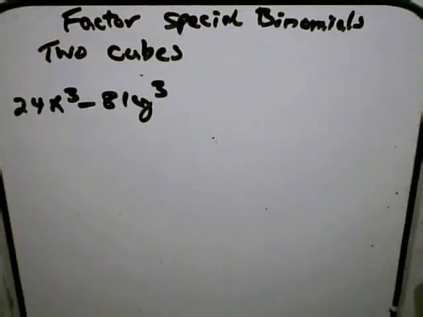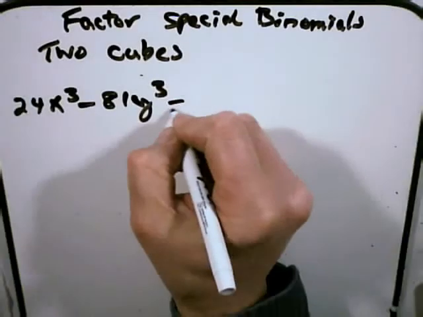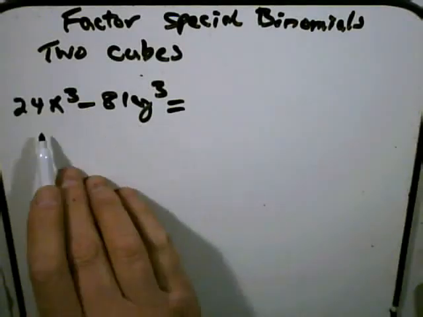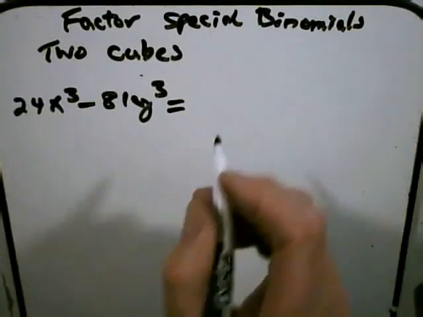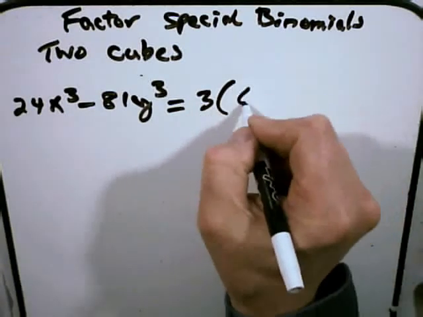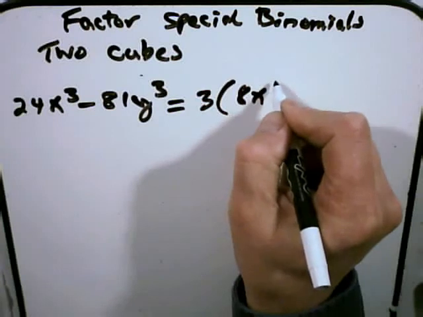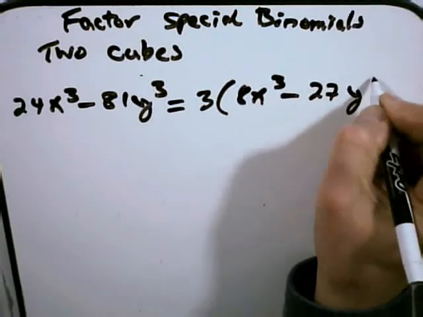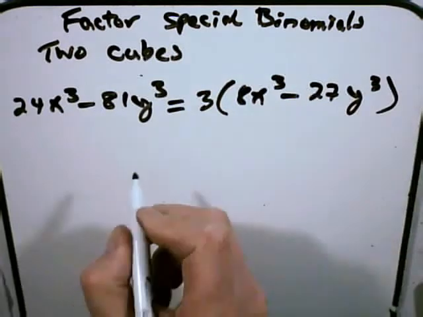Wow, that's a little bit more complicated than the last example, but it's going to work the same way here. First thing that we do is always the first rule. See if there's anything in common between them. Simplify if you can. So in this particular case, if I take a 3, what's left over is 8x cubed on the first, and then minus 27y cubed on the second term.